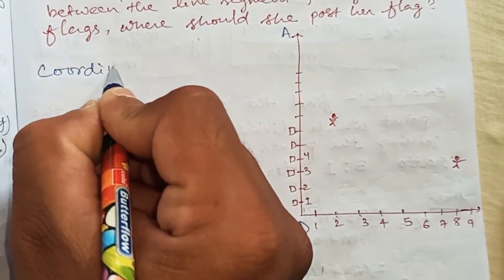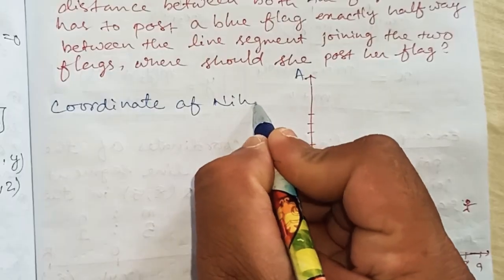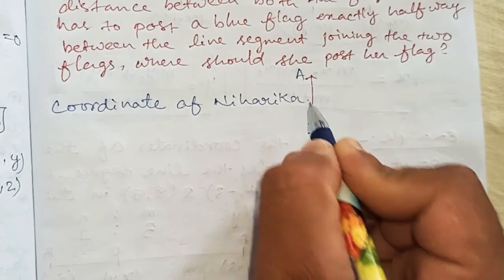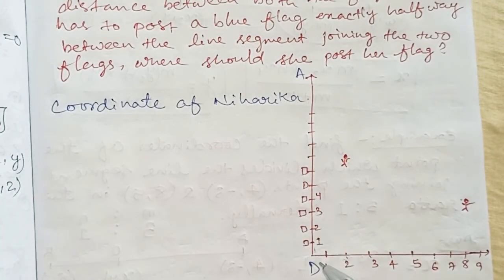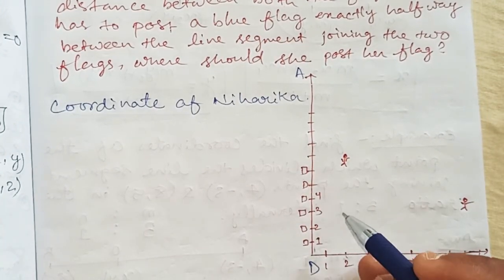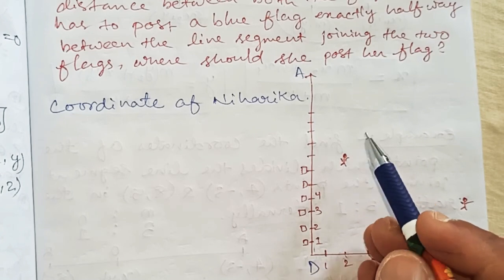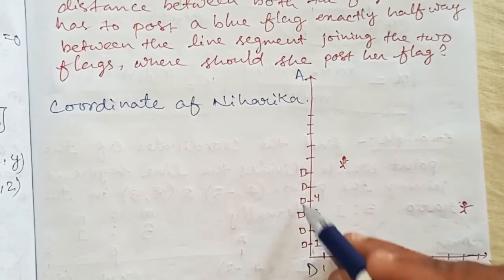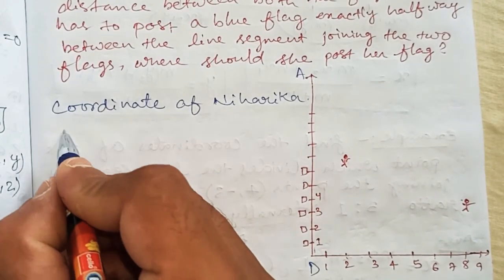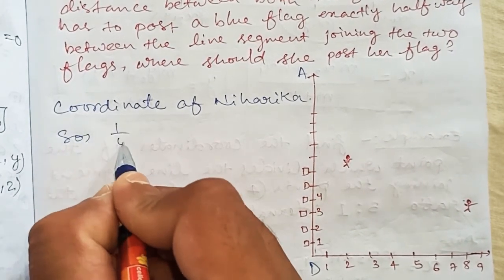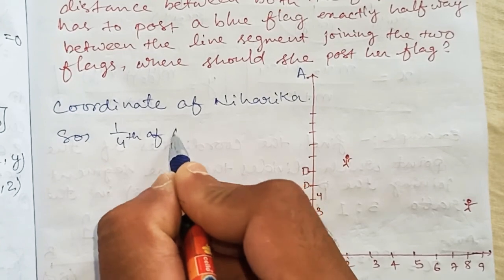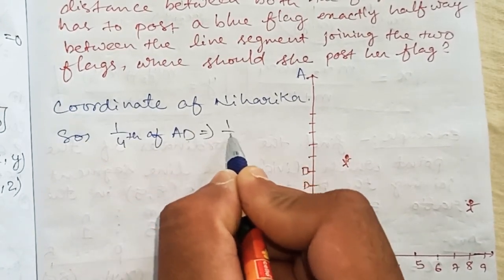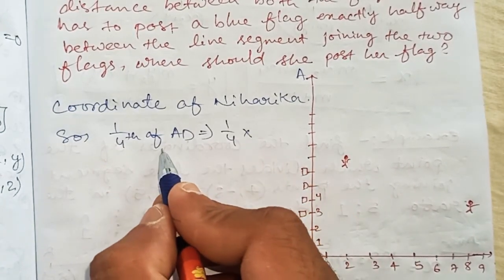First of all, we will find out the coordinate of Niharika. Okay, and it is given that she is running on the second line and she has reached up to 1/4 of this line AD. So 1/4 of AD is 1/4 into, of means multiplication.